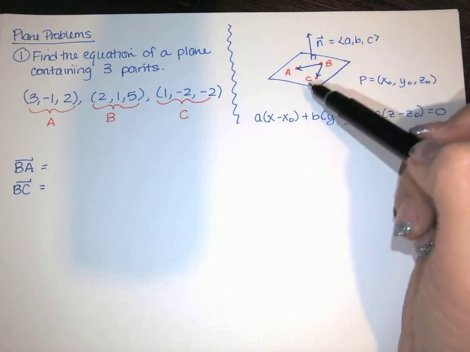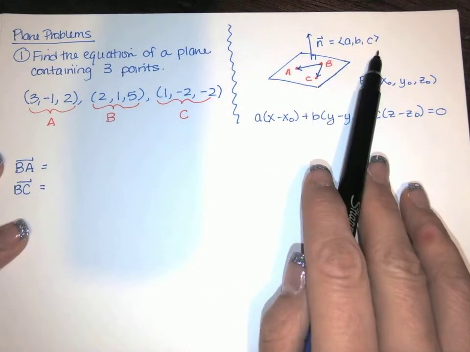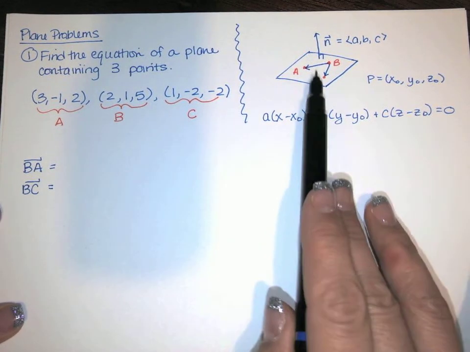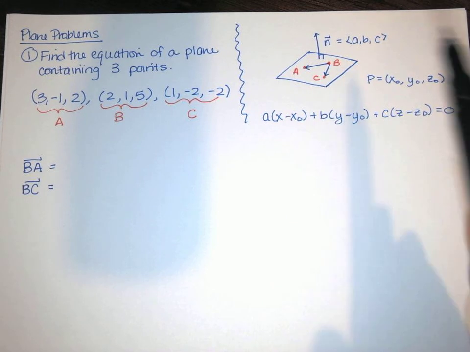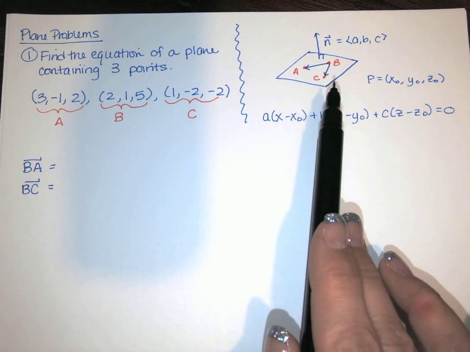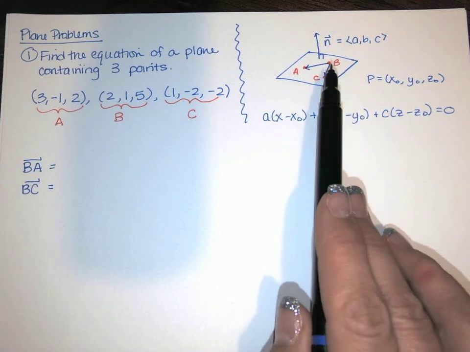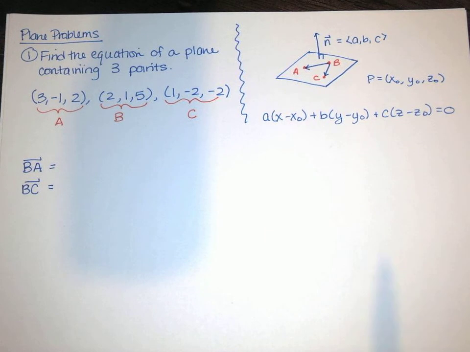One is u cross v and the other one is v cross u. So if I want this normal to the plane and I'm given 3 points, it's actually pretty easy. All I have to do is find a vector from here to here, and find a vector from here to here, and take their cross product. And I know that the cross product of those 2 vectors has to be orthogonal to both of them. It's going to give me a vector that's orthogonal to both, which is a normal vector to our plane.